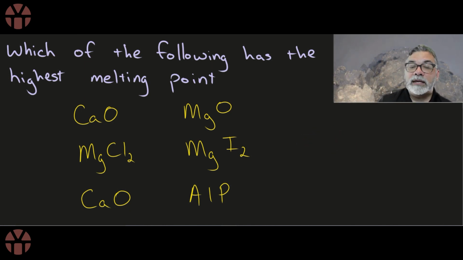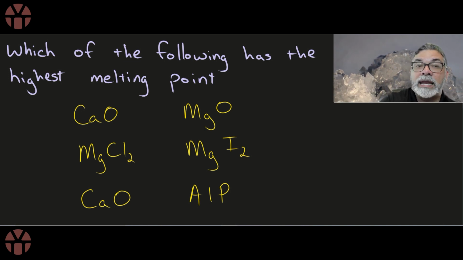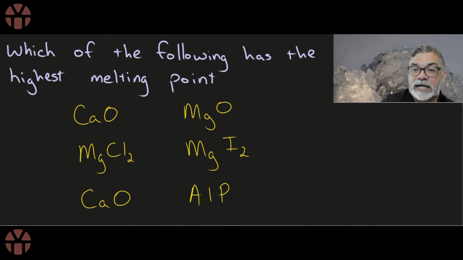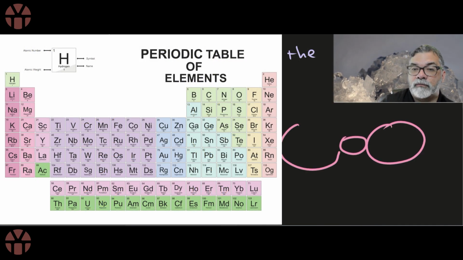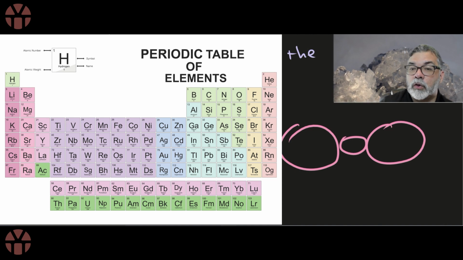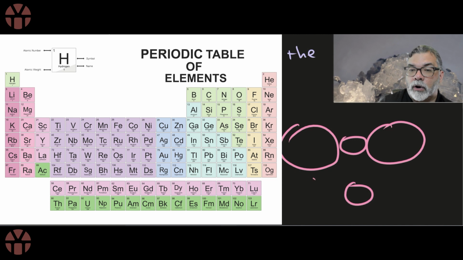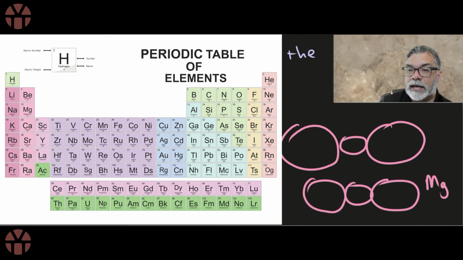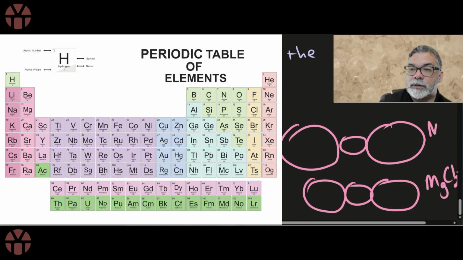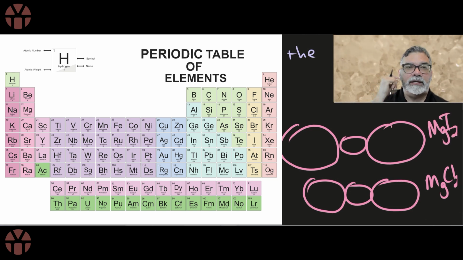But what I find here is that I'm comparing magnesium chloride to magnesium iodide, and I know that the iodide ions are going to be much bigger than the chlorines. So maybe with the chlorines, I might see something that looks more like this, okay? So for example, this would be my MgCl2, and this would be my MgI2. Again, just a rough idea, but so you get the sense of it.